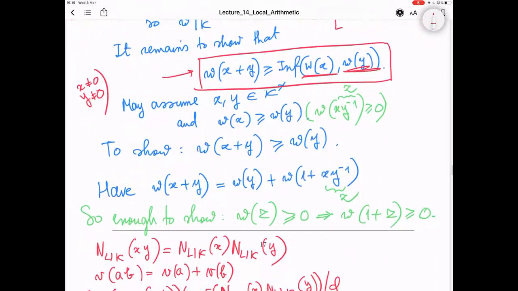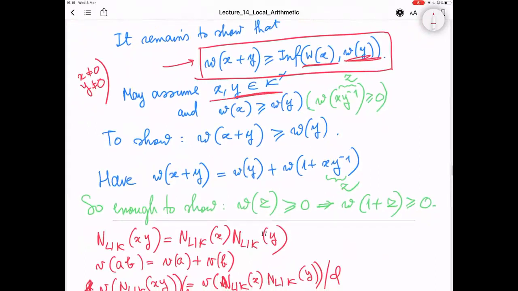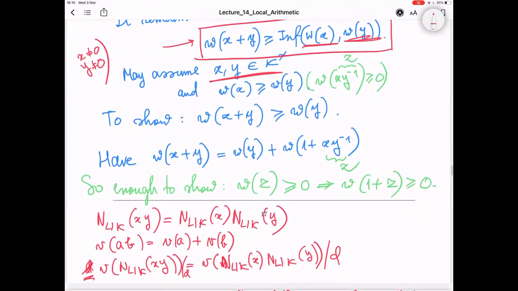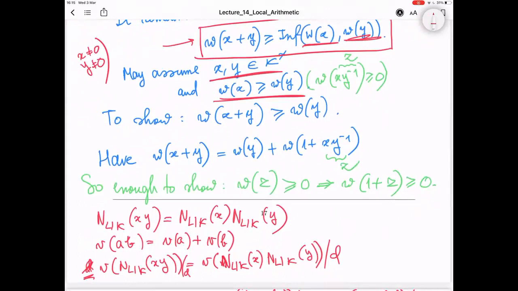Of course, in order to prove this inequality, I can assume that x and y are different from zero, because if one of them is zero, then the inequality is not very difficult to prove. It's actually an equality. So we assume that x, y are in L star, and up to interchanging x and y, we may also assume that W of x is greater than W of y. And then we have to show that W of x plus y is greater than W of y. This inequality says that the valuation of the sum is bigger than whichever is smaller.